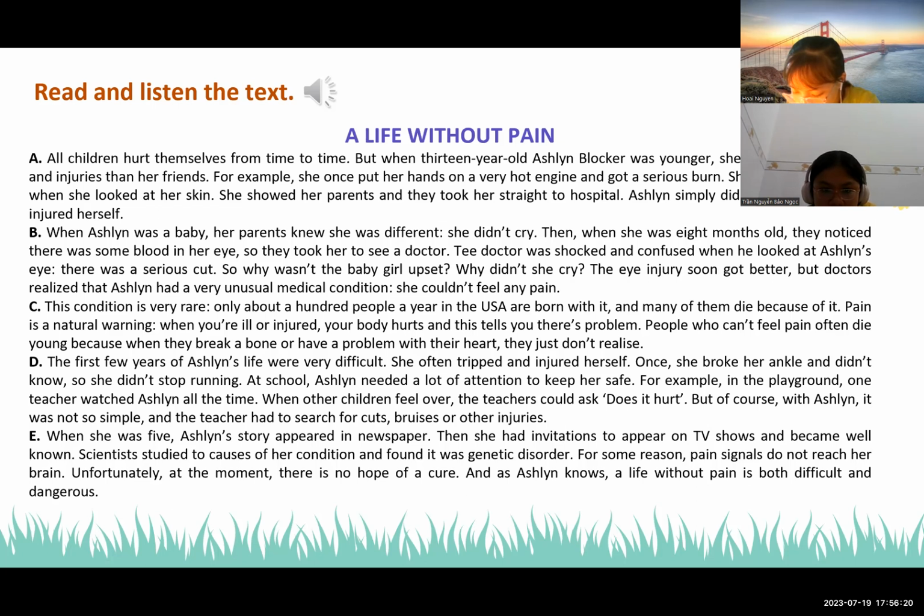When other children fell over, the teachers could ask, "Does it hurt?" But of course, with Ashlyn, it was not so simple, and the teachers had to search for cuts, bruises, or other injuries. When she was 5, Ashlyn's story appeared in newspapers.